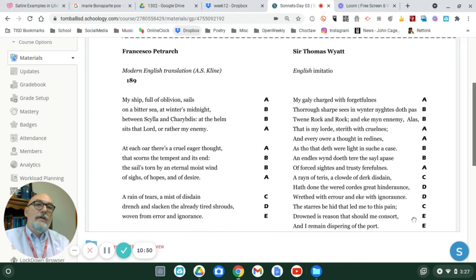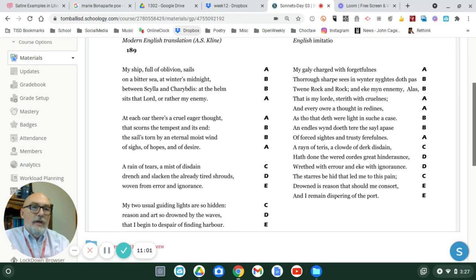Whereas, if you look at the one on the right, this is from Sir Thomas Wyatt. It's an English imitatio. And in his version, okay, he's making the rhyme scheme follow an English form. You got the two rhyming couplets at the end, and he's shifting around slightly some of the meaning and themes of the work.